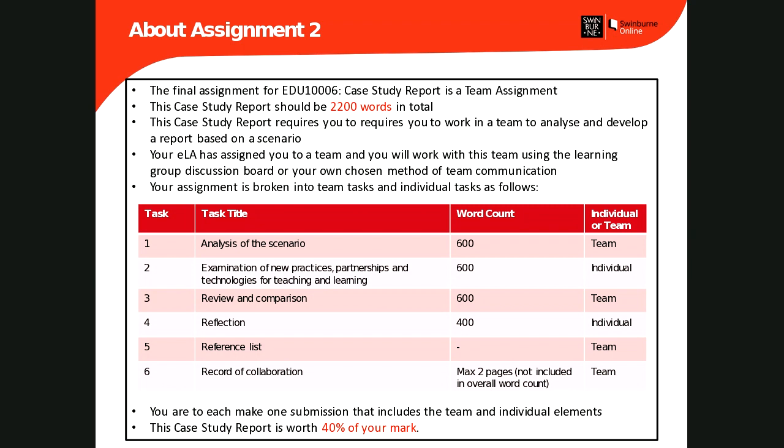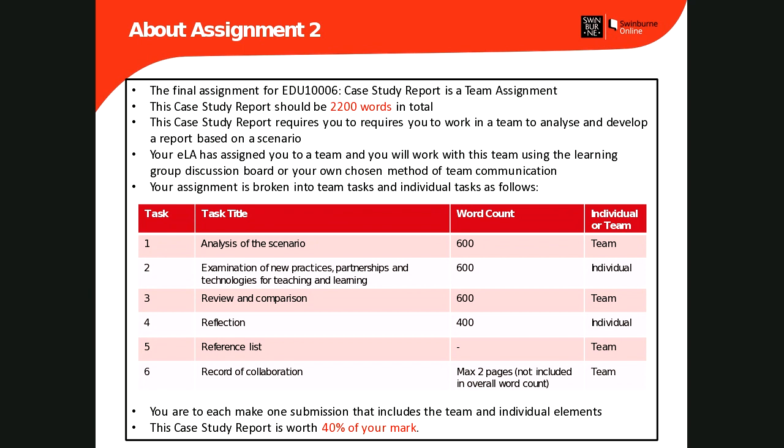You're then going to review and compare each of those new practices that everyone's come up with and come up with a team choice for which practices, partnerships and technologies you think are going to be the most effective to then deal with the issues you've identified in part one. So we want to see some links. Okay, so whatever points you identify in part one, we want to see that you've addressed them in part three with your choices of practices and technologies and different partnerships.